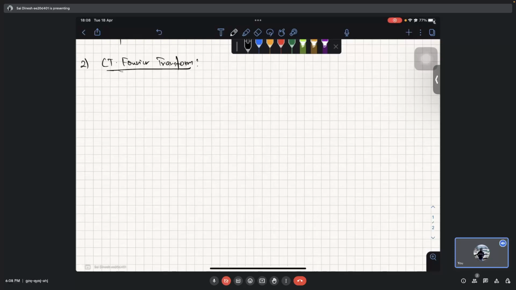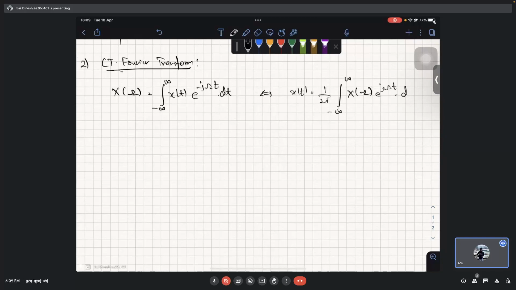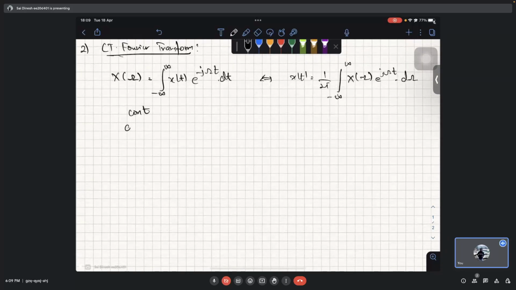So the continuous time Fourier transform X of omega is equal to the integral from minus infinity to infinity of x of t e power minus j omega t dt, and x of t is 1 by 2 pi times the integral from minus infinity to infinity of X of omega e power j omega t d omega.